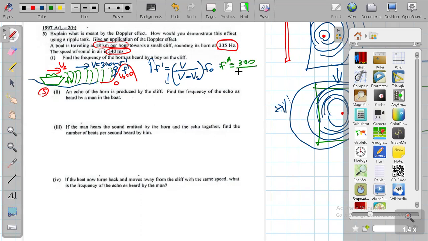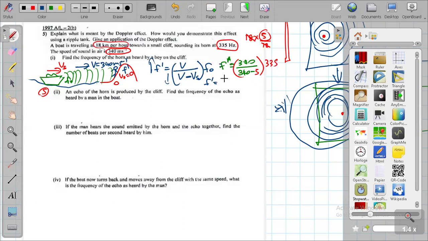340 over 340 minus v source. Here the speed is given in kilometers per hour, 18 kilometers per hour, to meters per second, multiply by 5 over 18, it is only 5. So 340 minus 5, times 335 hertz. Wow, excellent and fantastic.